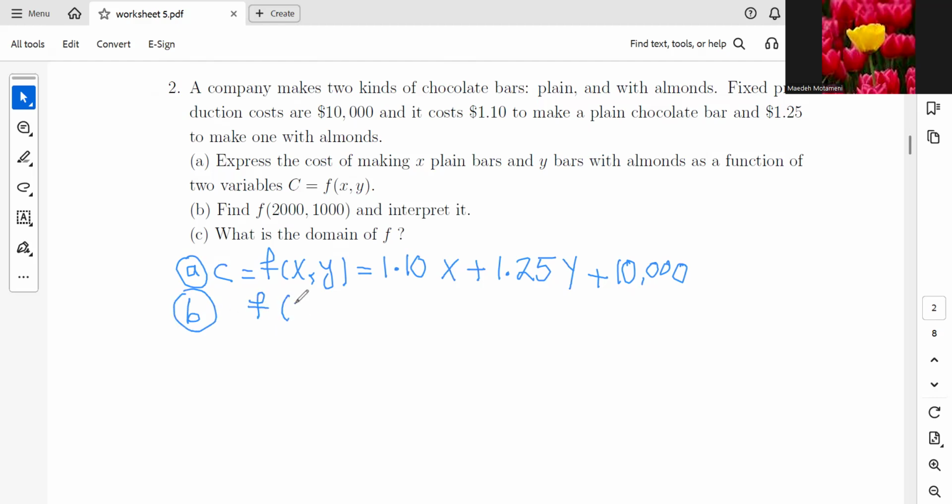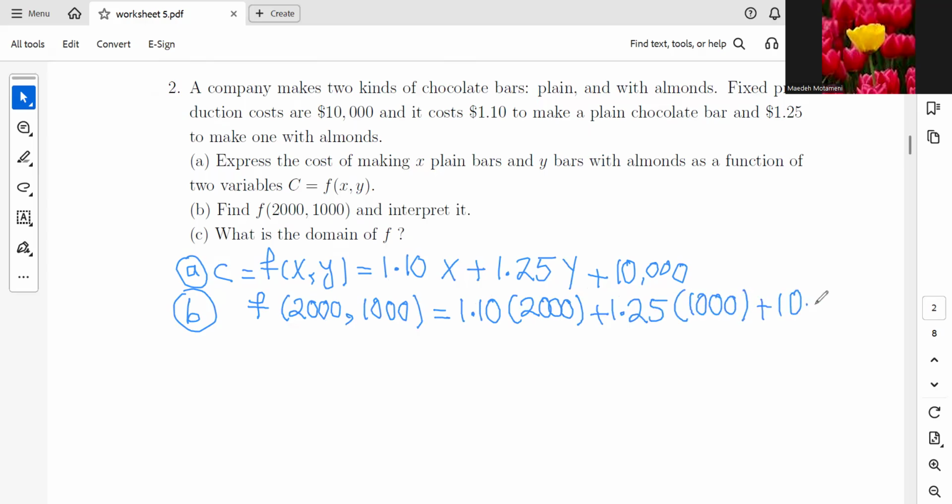For part B, f of 2,000 and 1,000 means that 2,000 is going to be replaced for x and 1,000 for y. So it means that you're going to write 1.10 times 2,000 plus 1.25 times 1,000 plus 10,000.